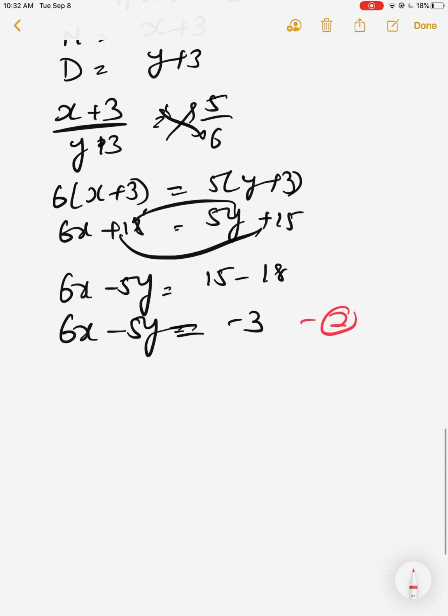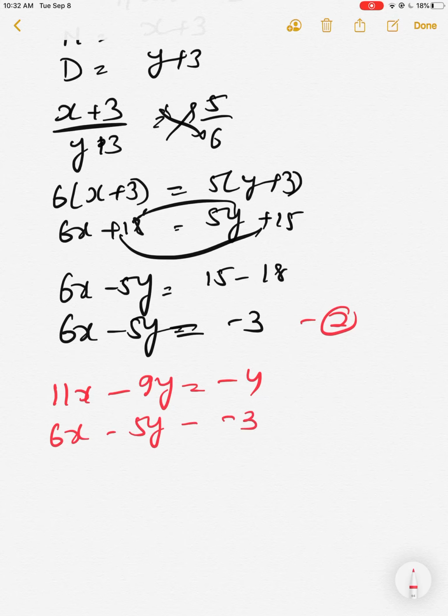So what is our first equation? 11x minus 9y is equal to minus 4, and the second equation is 6x minus 5y is equal to minus 3. Okay, any equation we want we can bring. So let us take equation 2 in x form.